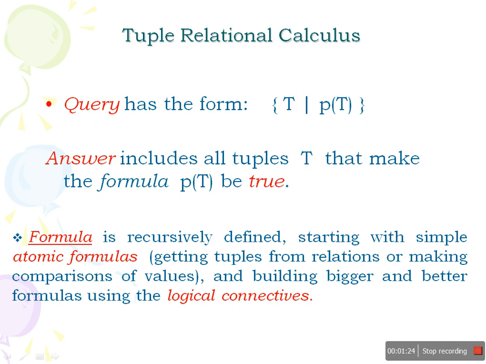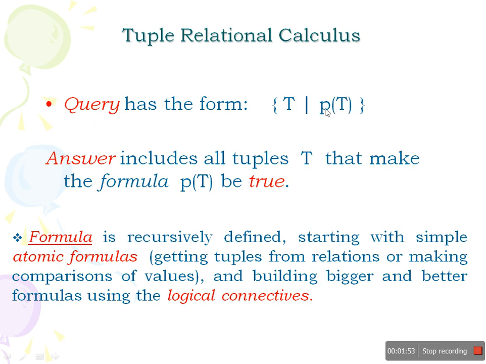Coming to the first one, that is tuple relational calculus. See here, this is the basic syntax which we are going to write in tuple relational calculus: {T | P(T)}, that is, T such that P of T. As I told you, T is a tuple variable and P of T is a formula which evaluates T to true.